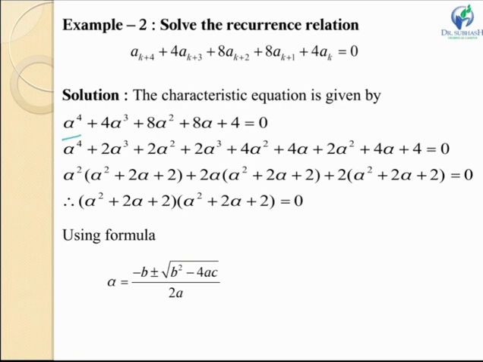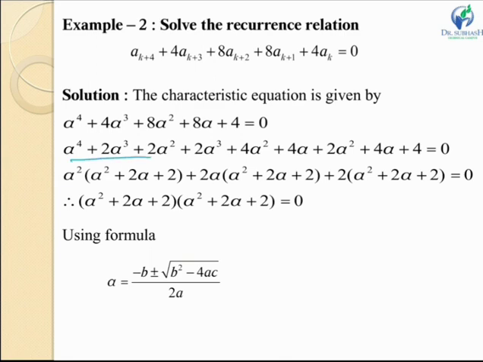Now see, first alpha raised to 4 I have written as it is. Now I will distribute this in two parts: 2 alpha cube plus 2 alpha cube. Again, 8 alpha square I am converting into three parts: 2 plus 4 plus 2. And next, 8 alpha I am taking as 4 alpha plus 4 alpha, and this 4 will be as it is.